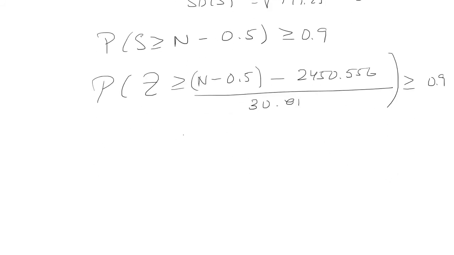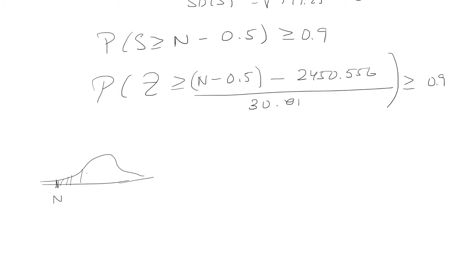So what this looks like, actually, let's say we have a normal distribution. You want a value, let's say N here. You want the probability that Z is greater than N to be 0.9.